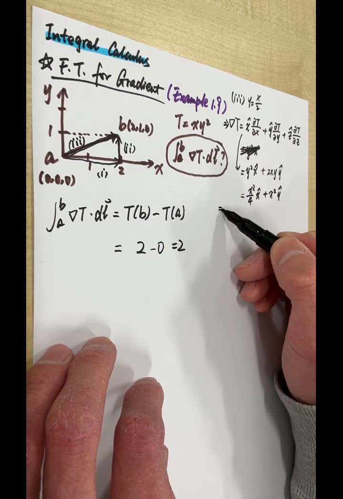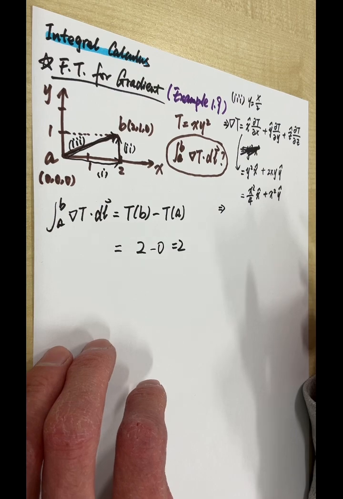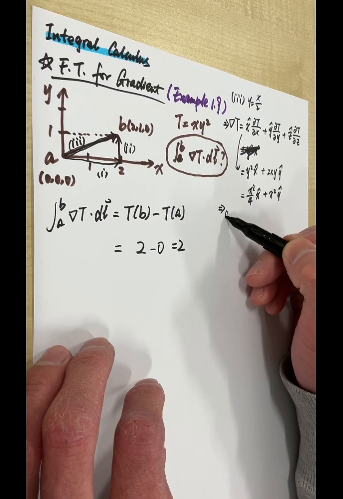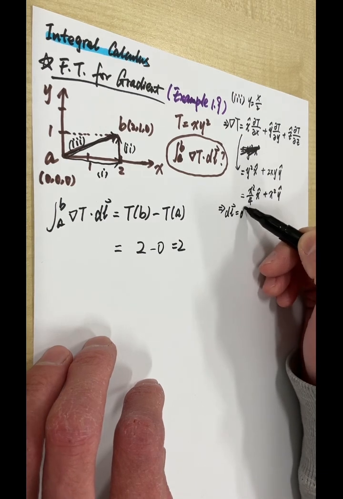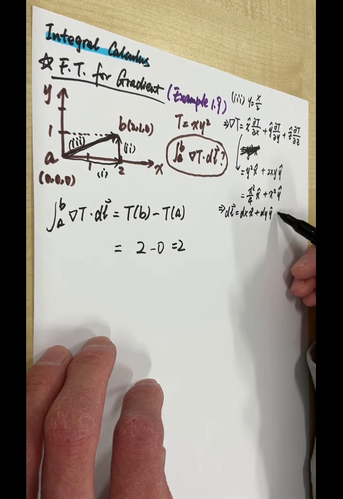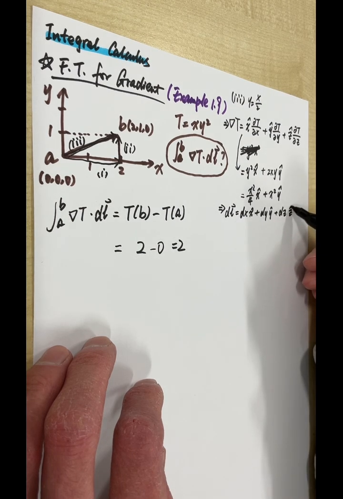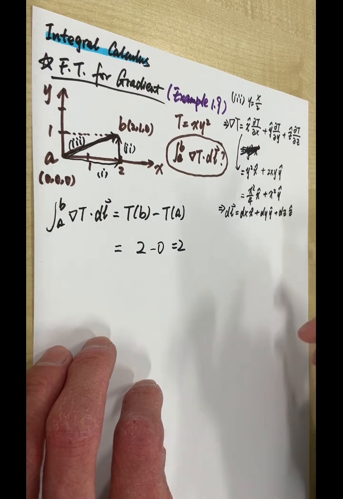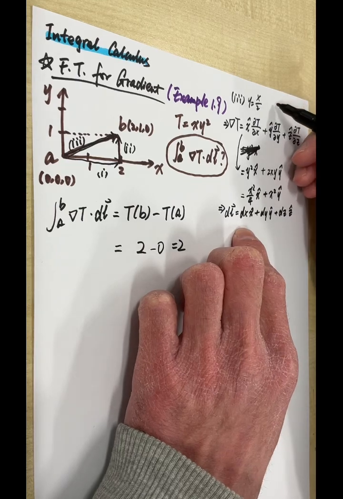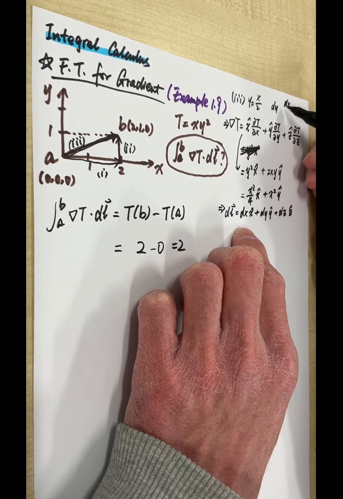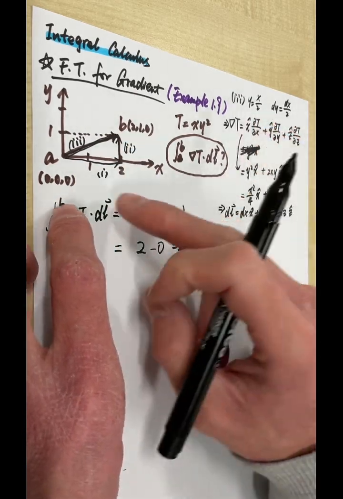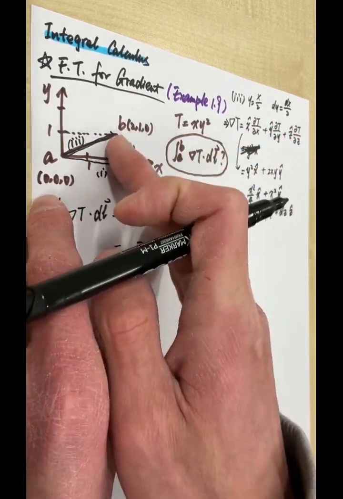And then another thing we need to calculate is the infinitesimal vector along the path. So we have dl equals dx in the x direction, dy in the y direction, and dz in the z direction. When we do the integral along the path, we also have a relationship between dy and dx. They correspond to each other because they are along the same line.